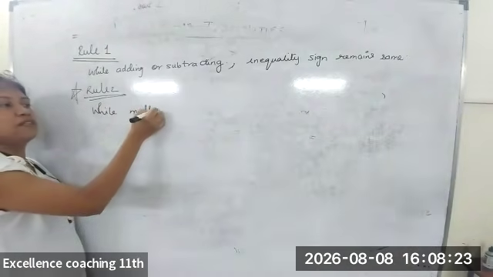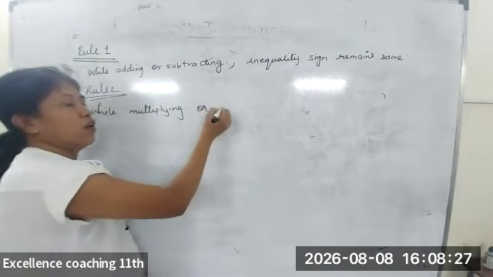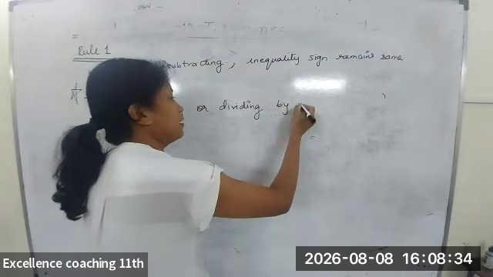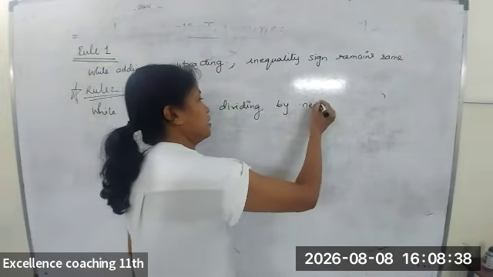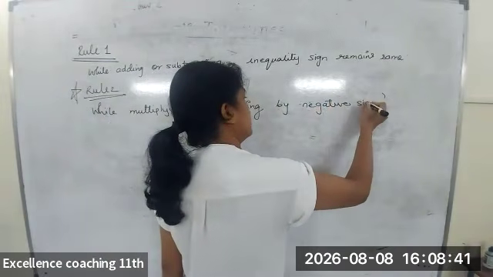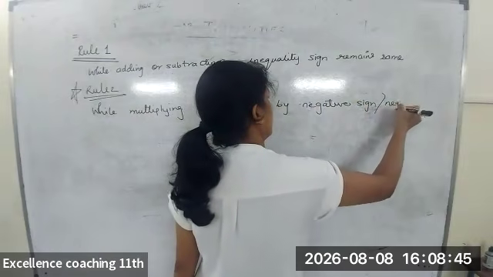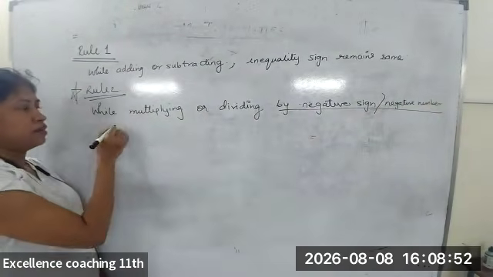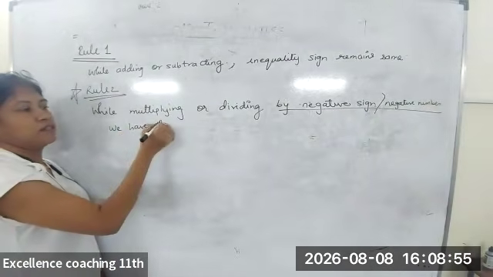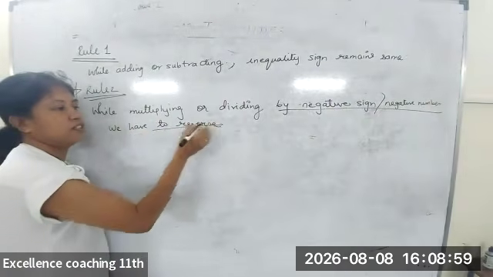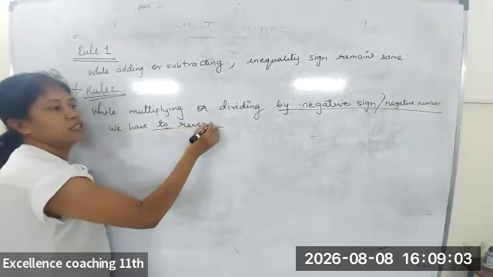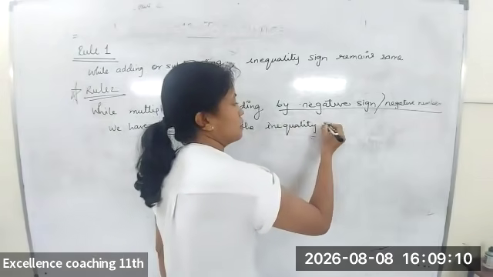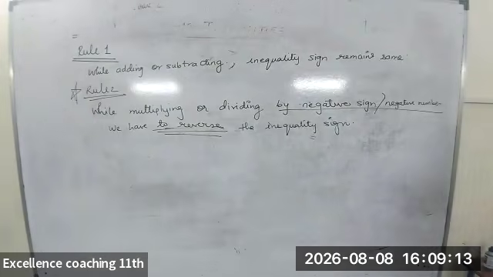While multiplying or dividing by a negative number or negative sign, we have to reverse the inequality sign.